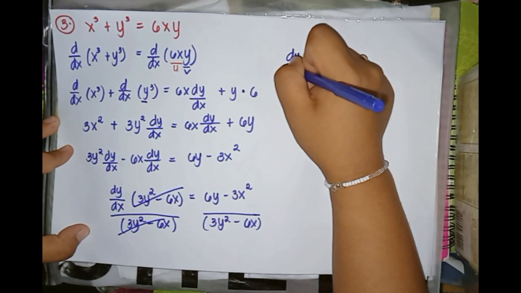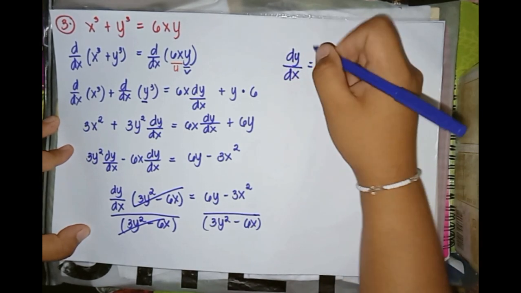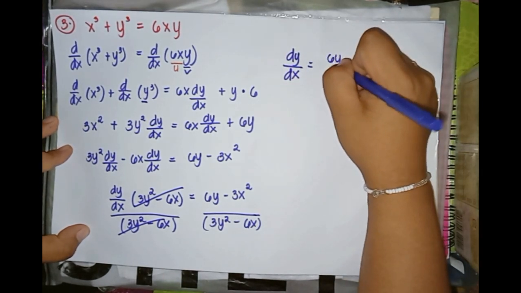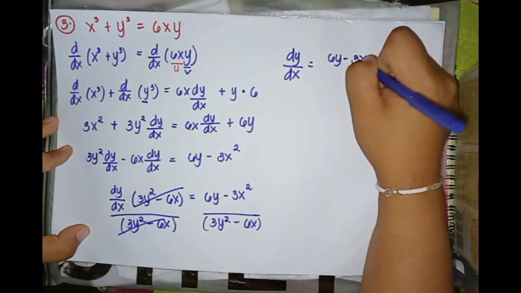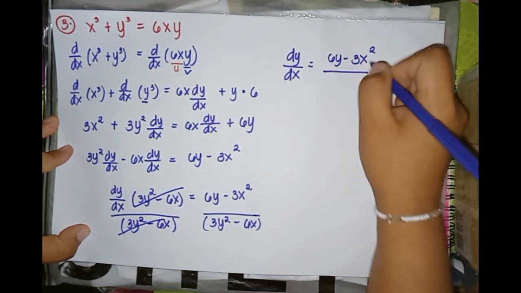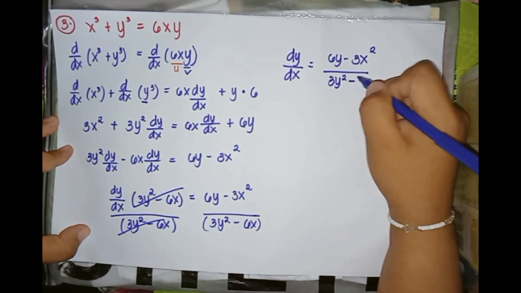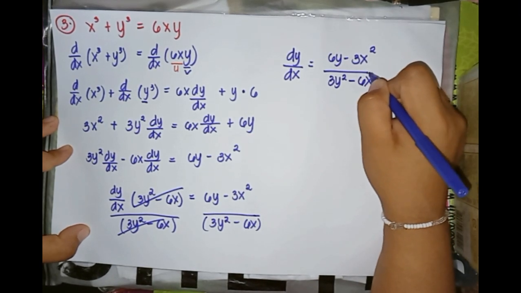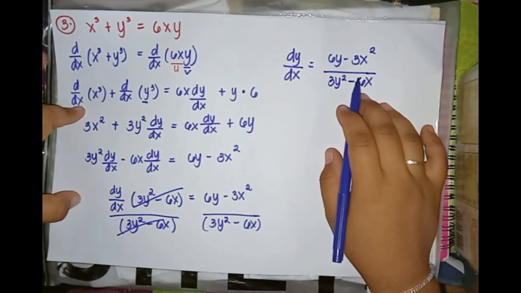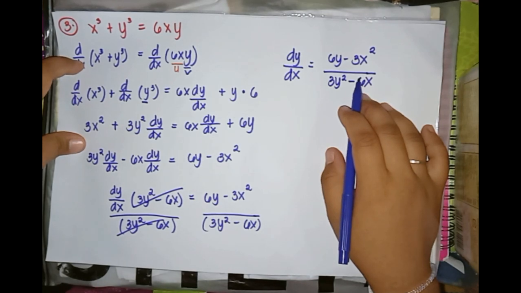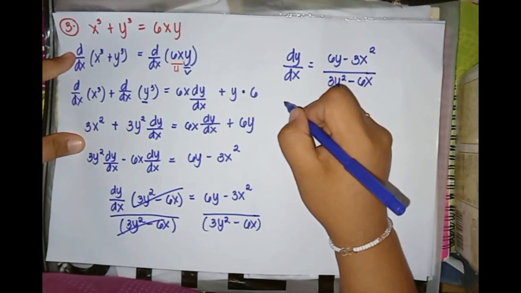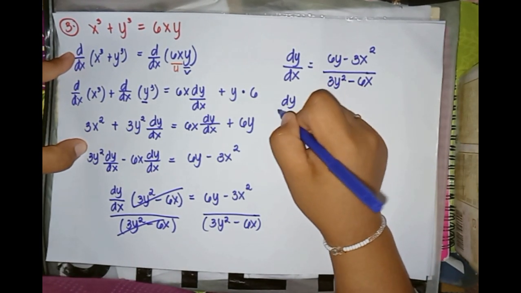So here we are left with dy over dx is equal to 6y minus 3x squared over 3y squared minus 6x. And if you look closely at the numbers, we can factor out 3.